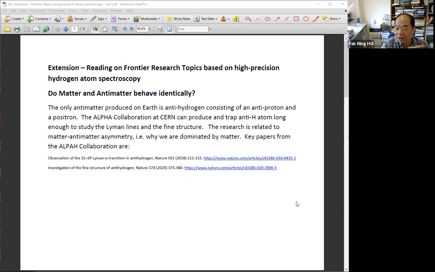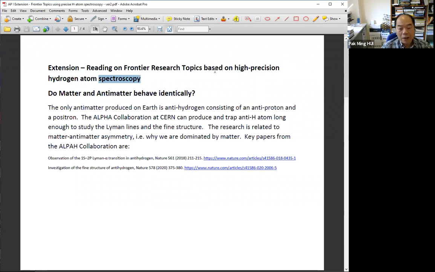Another one is FAST, the radio telescope that you can easily look up, because it is the hottest apparatus on Earth now in radio astronomy. Here I list a few, all relying on a very accurate hydrogen atom. That's what we learned, spectroscopy, 光谱学.